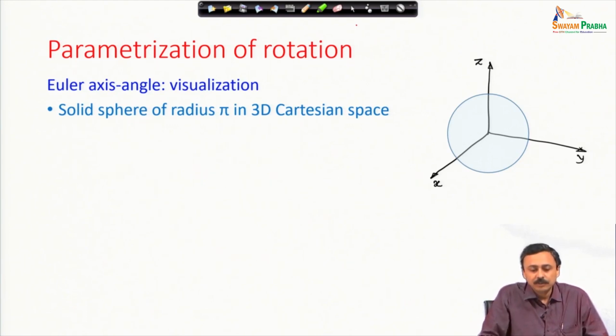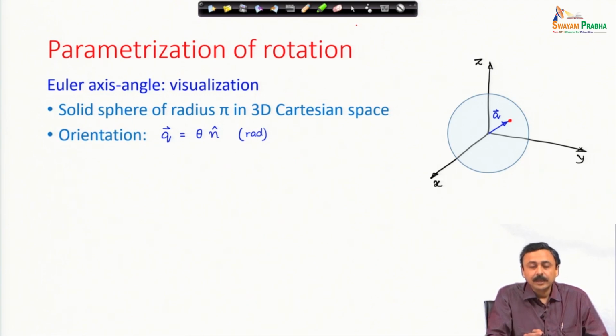Consider this solid sphere of radius pi in 3-dimensional Cartesian space. Now, any orientation of a body by Euler's axis angle theorem can be represented by a unit vector and a rotation about that unit vector.